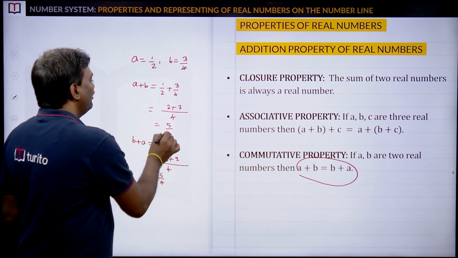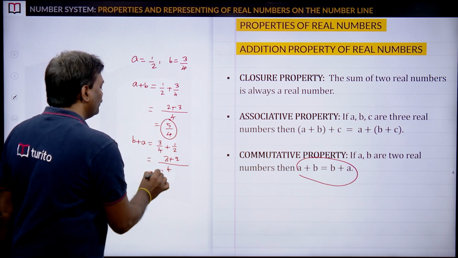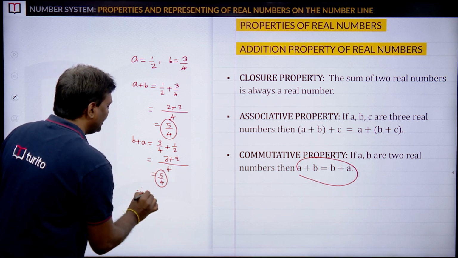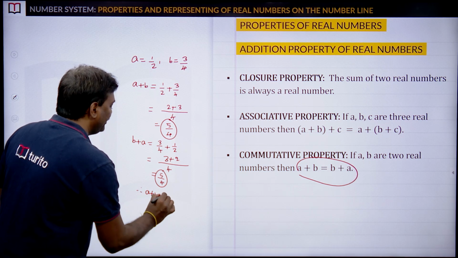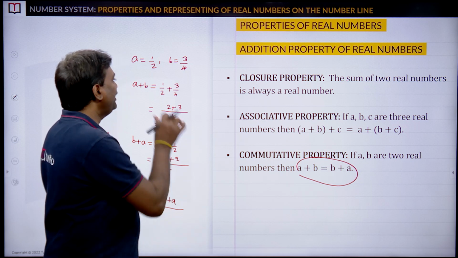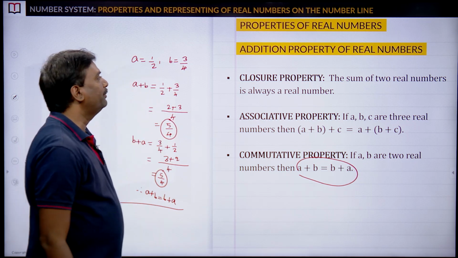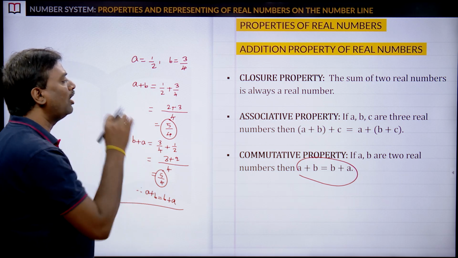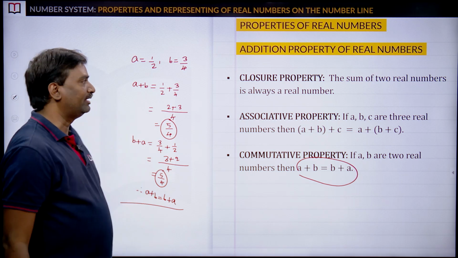By observing, A plus B equals 5 by 4, and B plus A is also 5 by 4. That is why we can say A plus B equals B plus A. So, A equal to 1 by 2 and B equal to 3 by 4, these two real numbers are following commutative property.